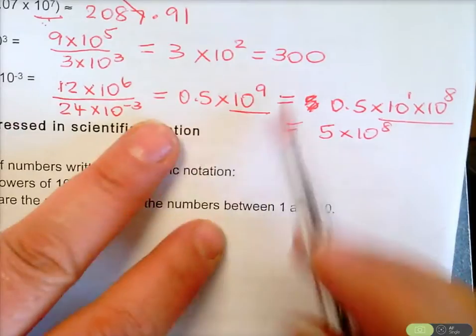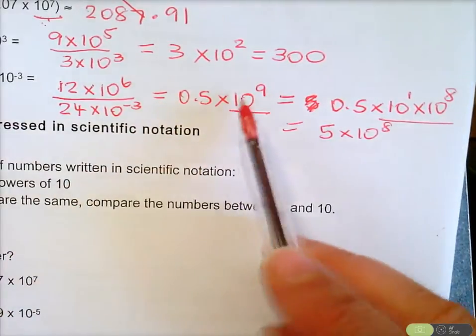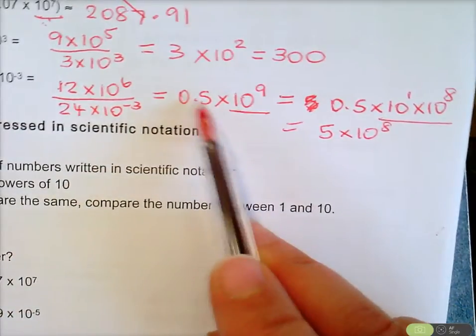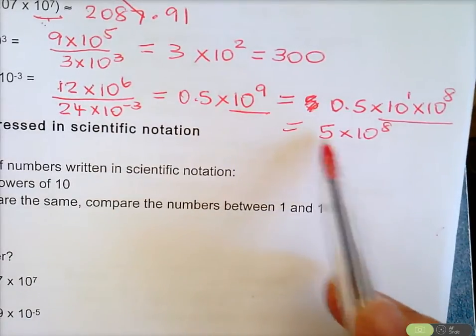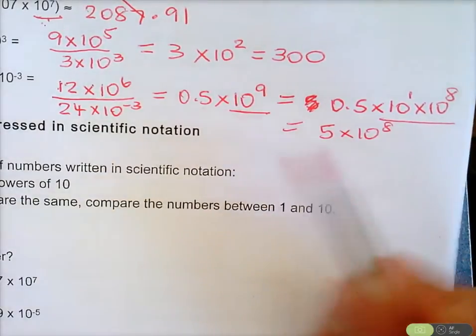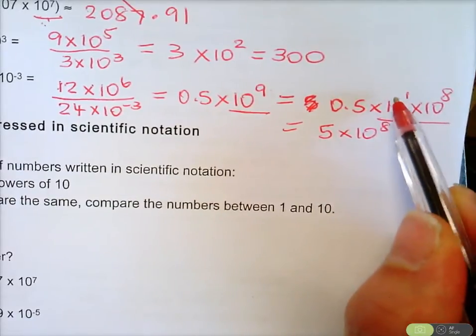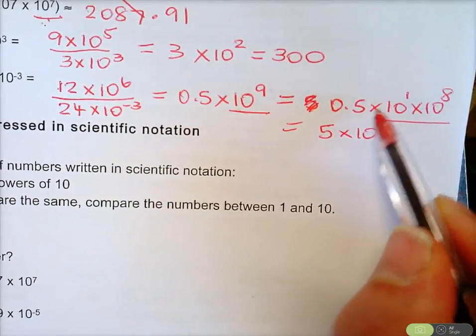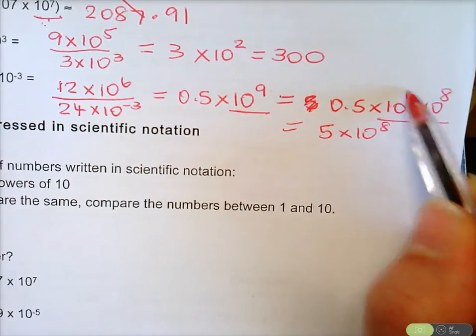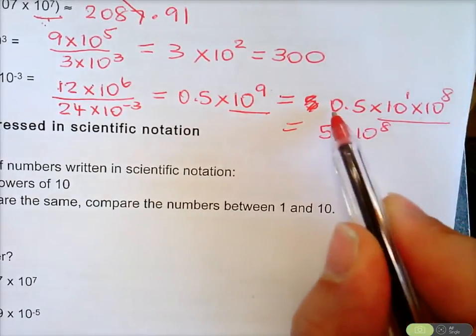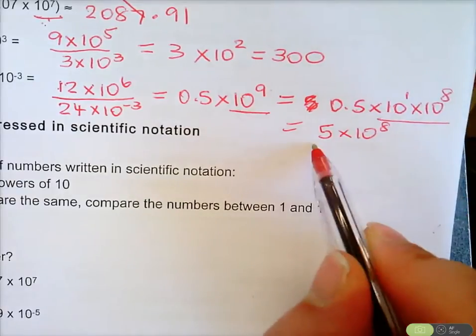I can't change the value. 0.5 times 10 to the 9 is the same as 5 times 10 to the 8. Because 10 to the power of 9 is really 10 to the power of 1 times 10 to the 8. And if I do 0.5 times 10, I get 5.